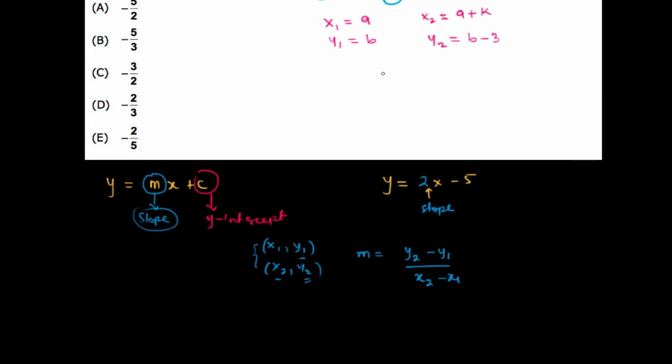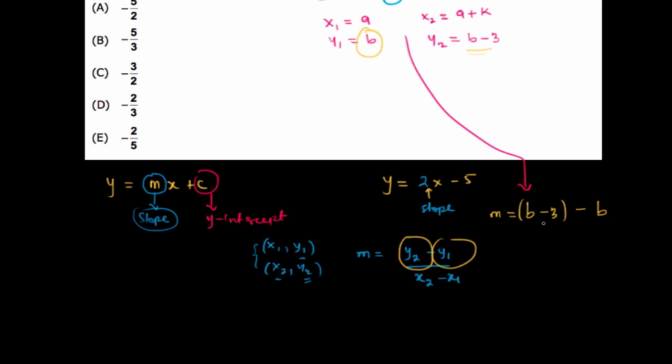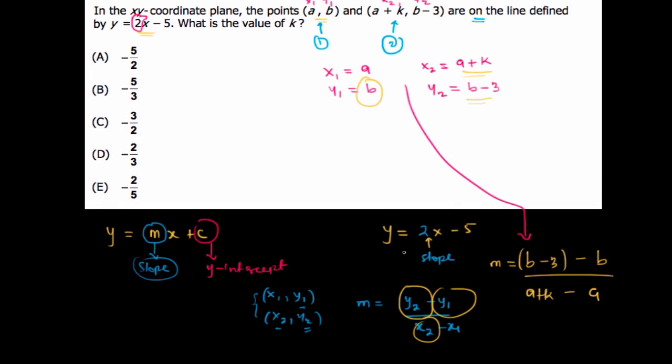The slope m is y2, that is b - 3, minus y1, which is b, divided by x2, which is a + k, minus x1, which is a. Now this is the slope, and we already found that the slope here is 2, that is m = 2.